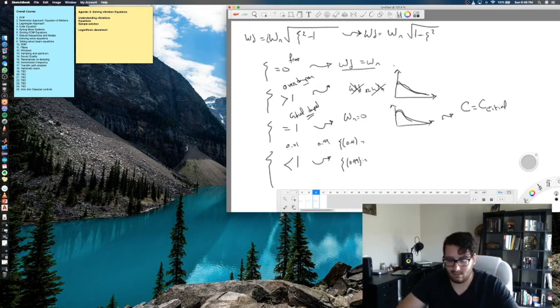I'm going to use the calculator on my iPhone. Hopefully it doesn't die on me. 0.01 times 0.01 gives me 0.0001. So omega d is equal to omega n times the square root of 1 minus 0.0001, which is basically 1.